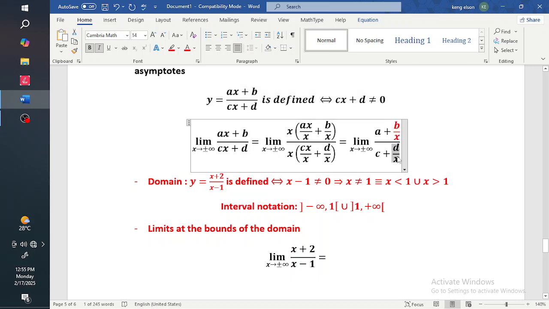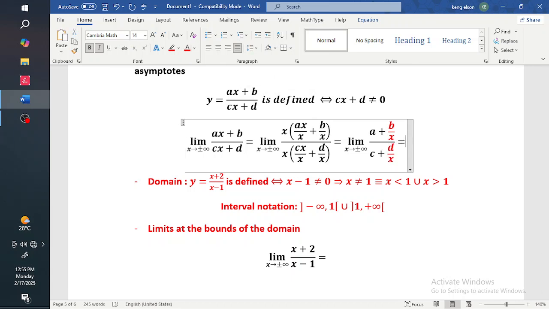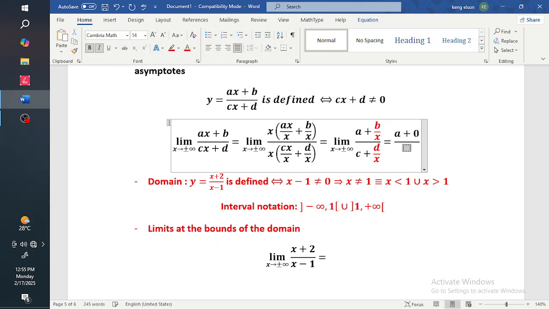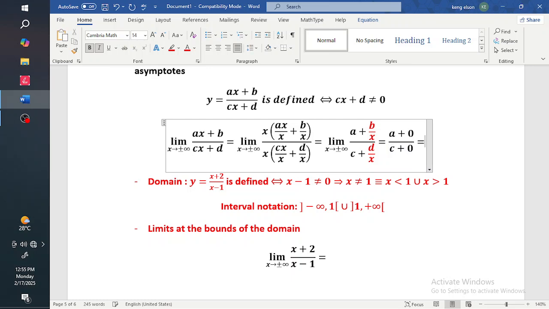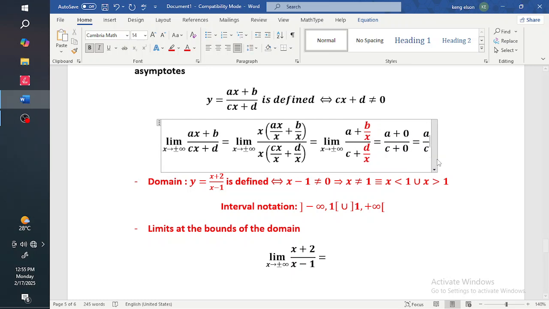This quantity also goes to 0. Okay. And if those quantities go to 0, the resulting answer will just be a over c.